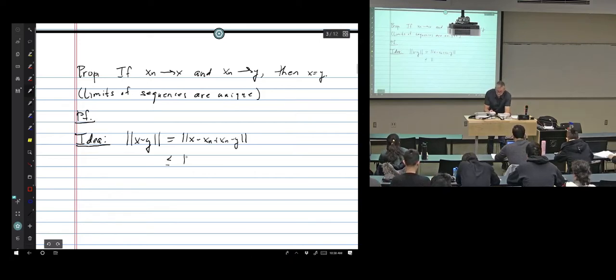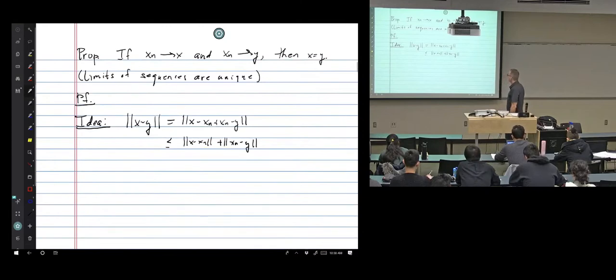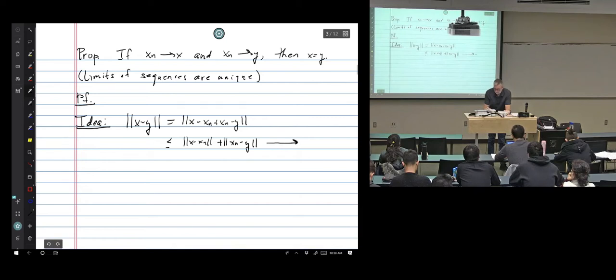And then we can use the triangle inequality. Okay, so then the idea is, well, if xn converges to x, this is getting small as n goes to infinity. If xn converges to y, this is getting small as n goes to infinity. So this goes to 0 as n goes to infinity. Hence, it has to be true.